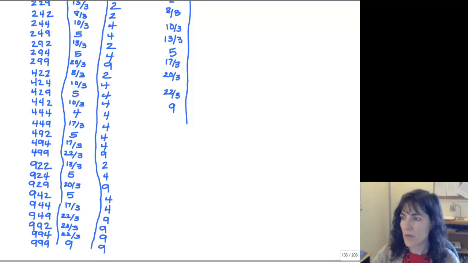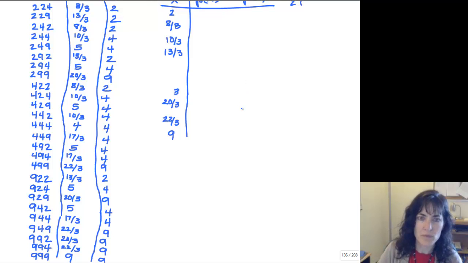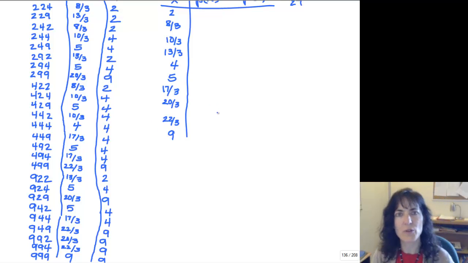And I did have a 4, so I do need to slide things down and fit that 4 in. And there goes the 4.